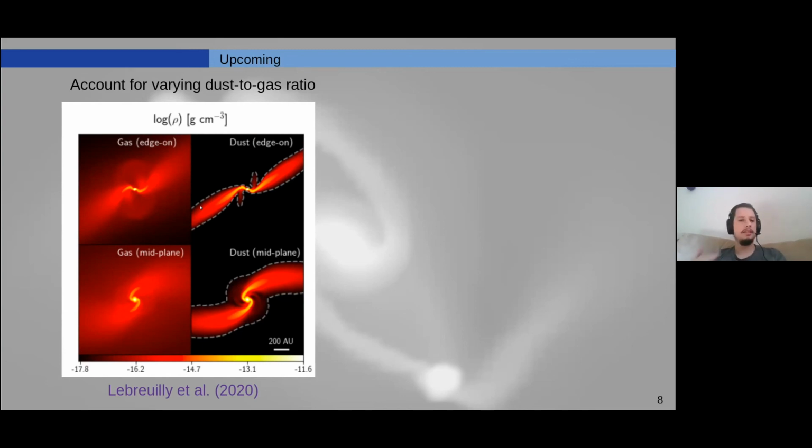We are currently developing a method to include directly the variation of the dust-to-gas ratio in the chi variable, so the physics will be a bit more complete in that sense.